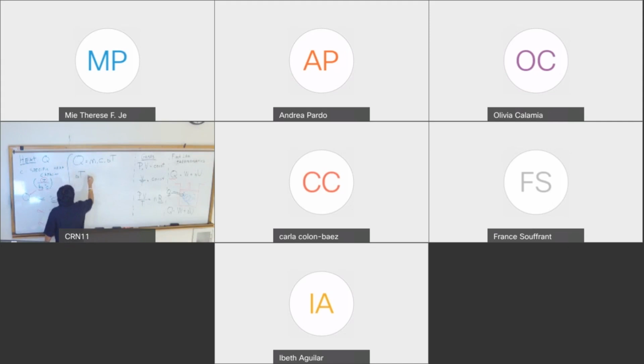And the change in temperature measures a change in the average kinetic energy of the system, which implies a change in the particle speed. So kinetic energy depends on the speed.